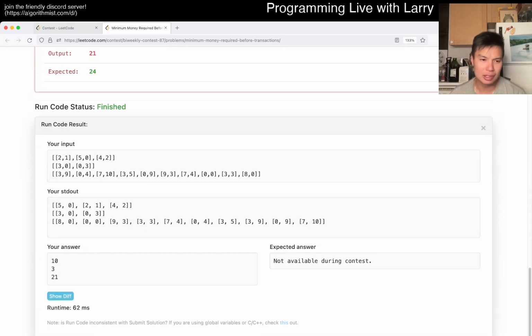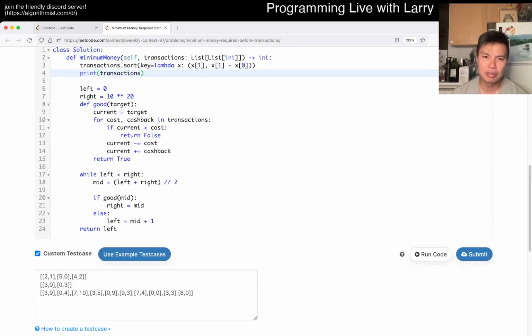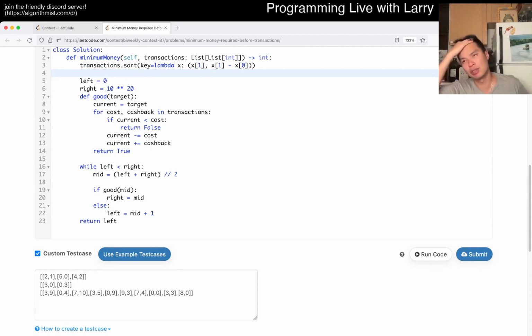Okay, so this is just sorted by... Why is 21 okay, not 24? What is the worst case here? Huh. Because I think figuring out what to greedy on is what allows us to binary search.